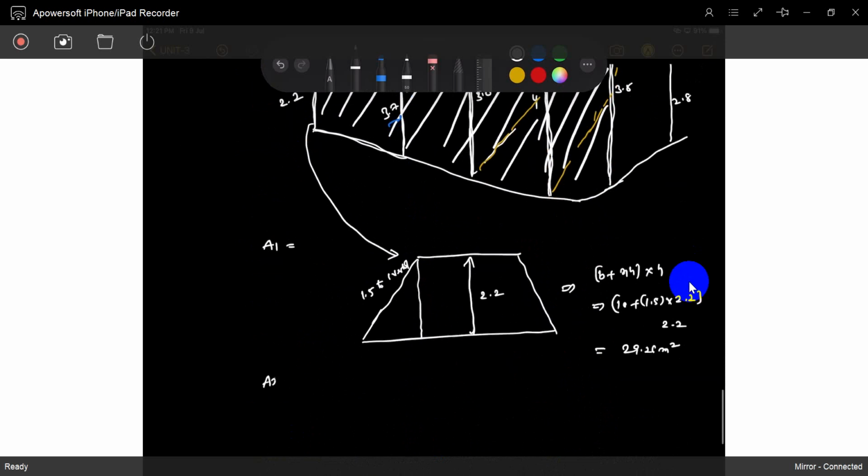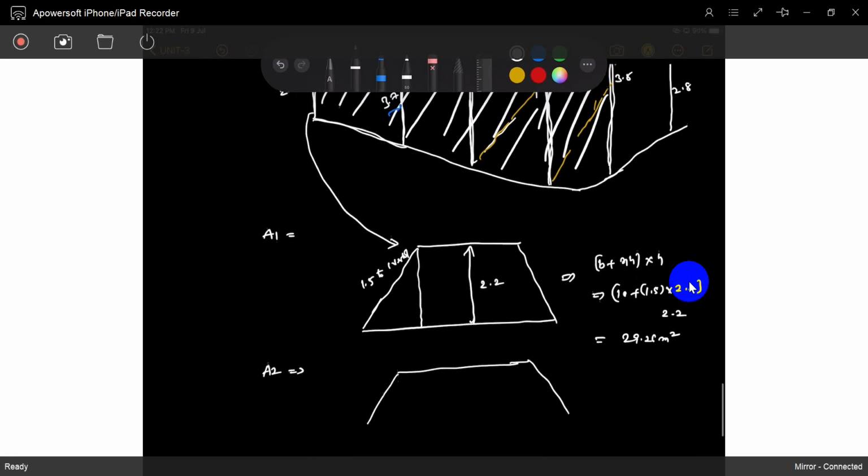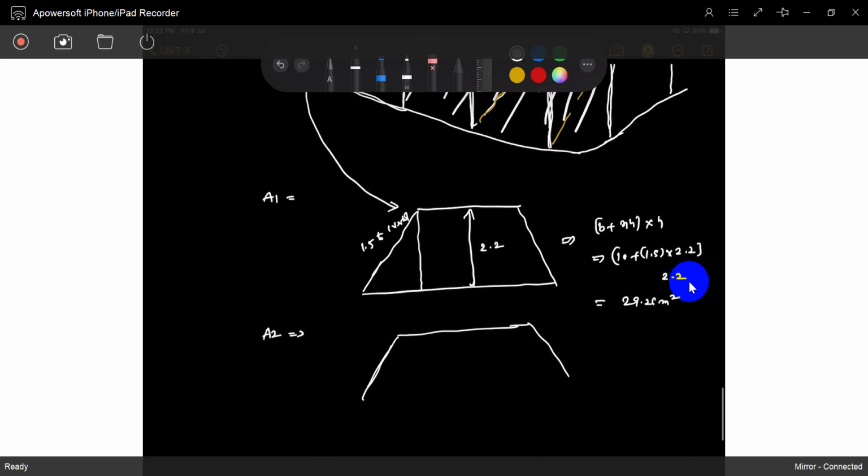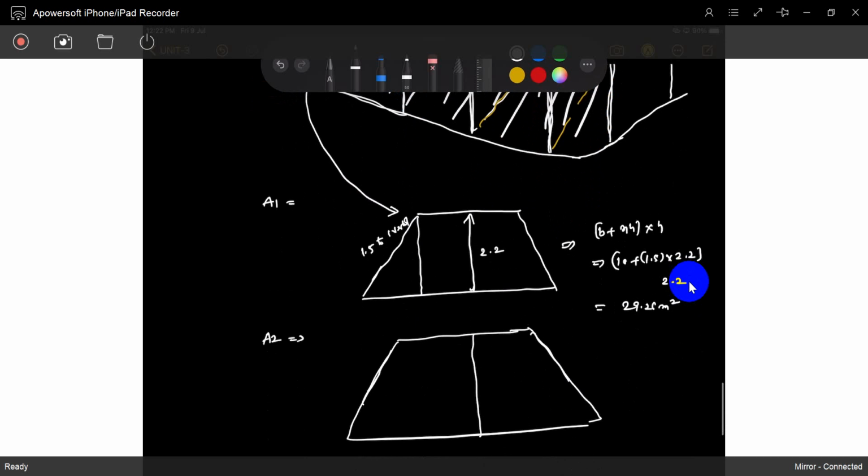What is A2? Again the width and slope are the same, but the height is different, 3.7.